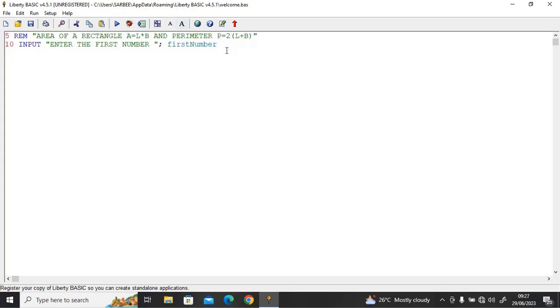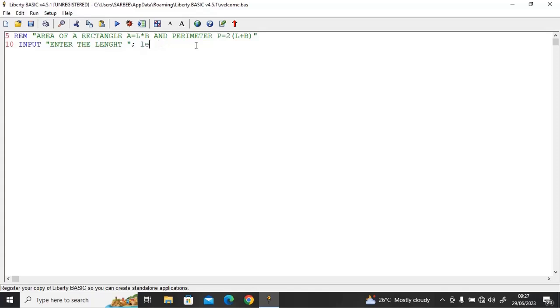So with this formula, you should know the parameters, the variables you need. So the variables I need are length and what? Length and breadth, because this formula contains L and B. So you can come here and say, enter the length. To make my code readable, I'll use length instead of L, but it depends on what you wish to use.